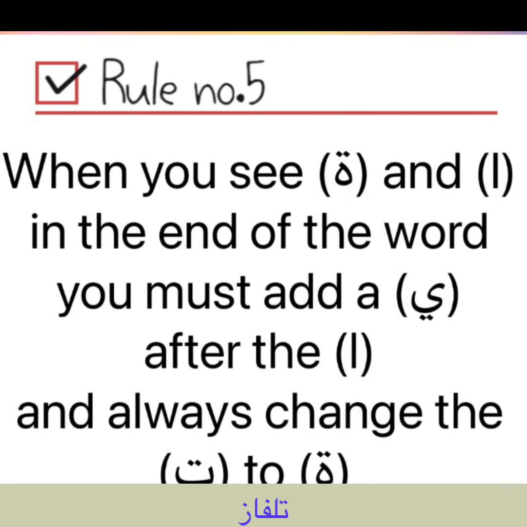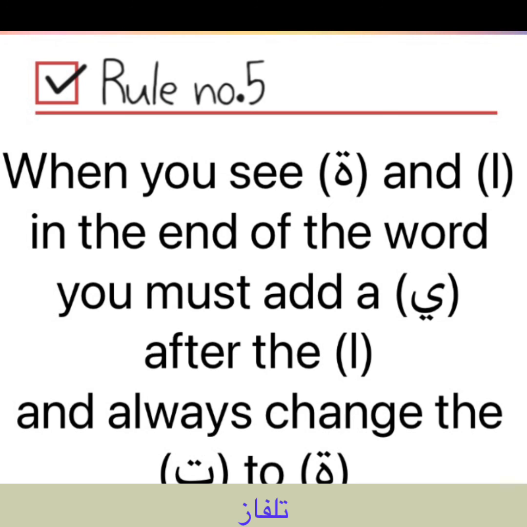Rule number 5, the last rule. It says when you see a تاء مربوطة, no, not at all. I don't see a تاء مربوطة at all in this word تلفاز, meaning that none of the rules apply to this word. What do we do?